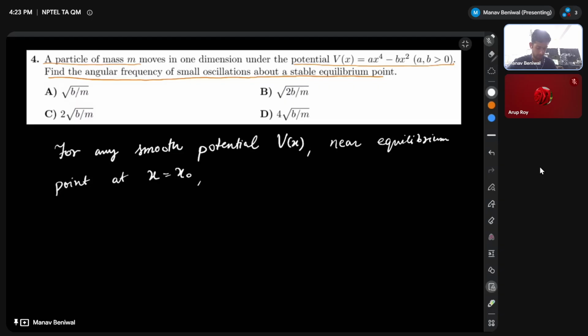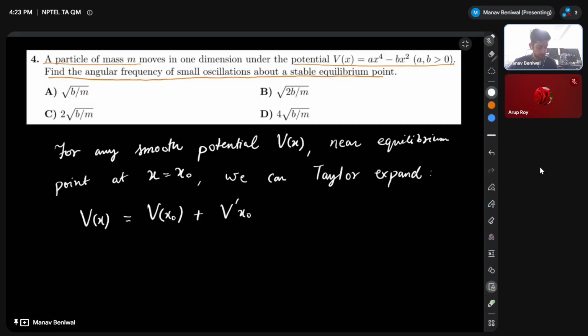We can Taylor expand the potential, and that gives us something like this. So the first term is V at x naught, then we get the derivative at x naught times x minus x naught. Then we get the second derivative at x naught times x minus x naught whole squared, and so on.